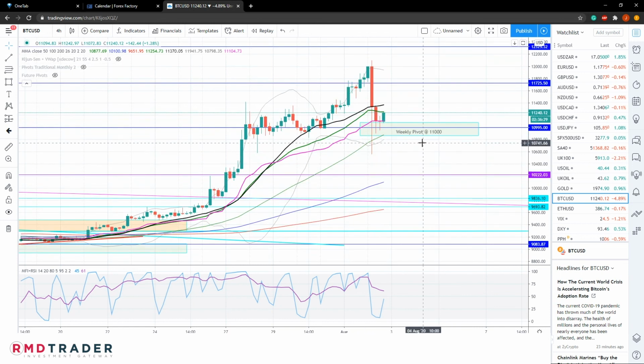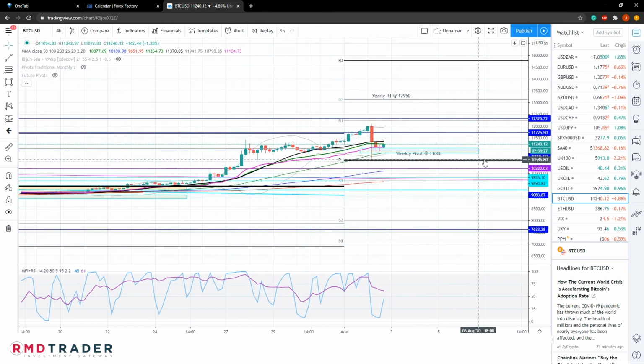And then considering possible bullish targets, if we do see continued bullish price action from the support area, the next areas of resistance would be at our monthly R1 at 12,250, as well as this previous area of overhead resistance at 12,300.